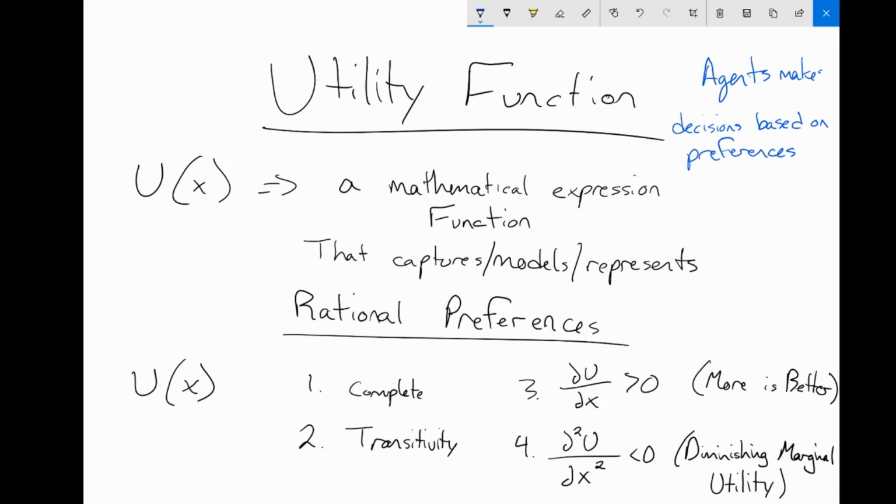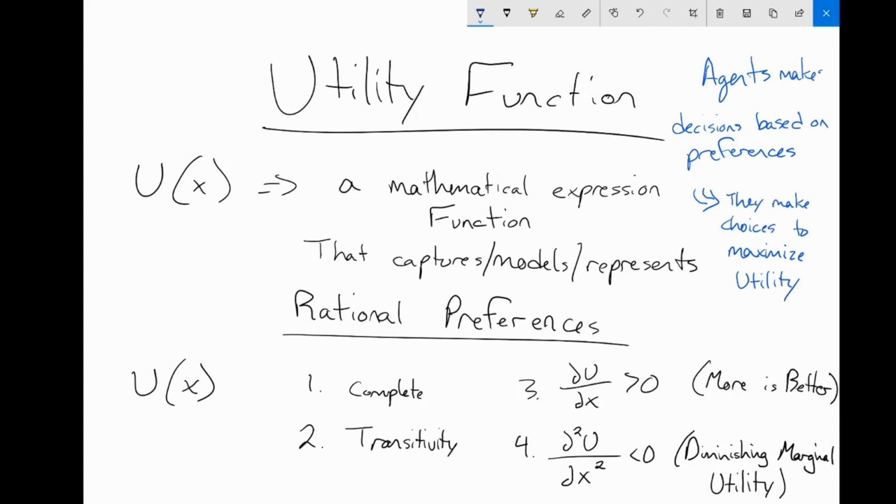Furthermore, we know that agents make choices to maximize. So far I've said maximize their subjective value; they want to get as much of what they prefer as they can given the constraints. So we're going to say they make choices to maximize utility.